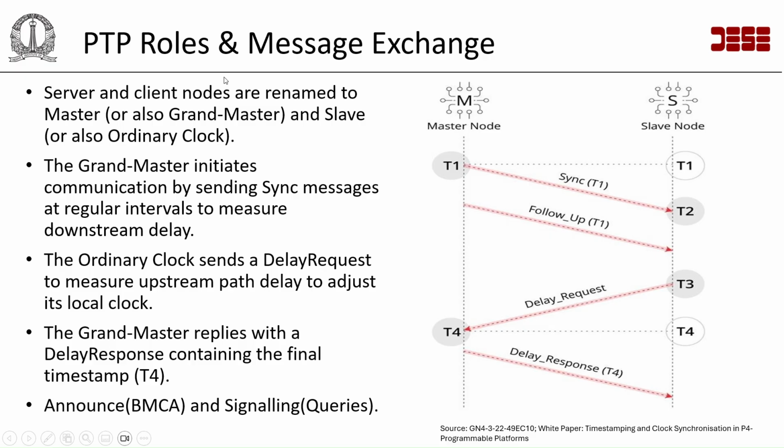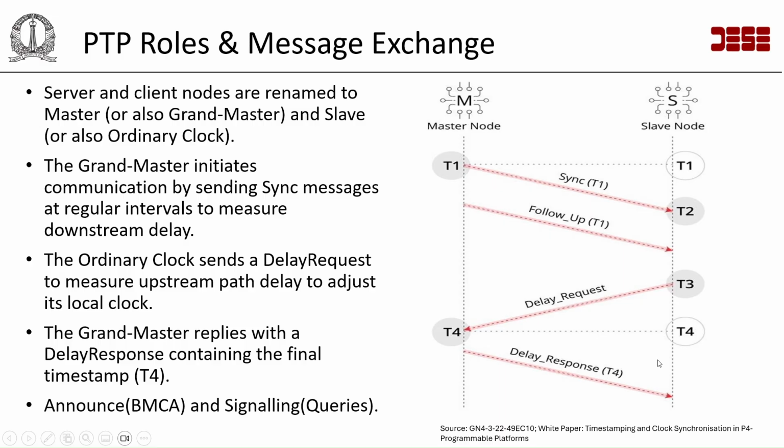the client and server in NTP are renamed as master or grandmaster and slave in PTP. In PTP, the grandmaster initiates the communication by sending a sync message at regular intervals to the slave. The ordinary clock then sends the delay request to the grandmaster clock, and obtains a delay response, T4.